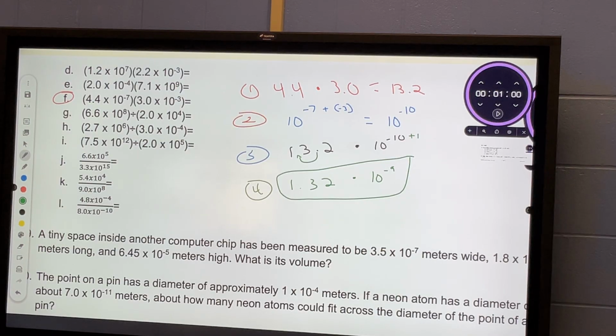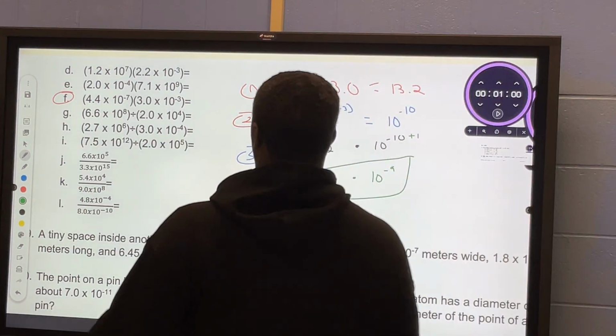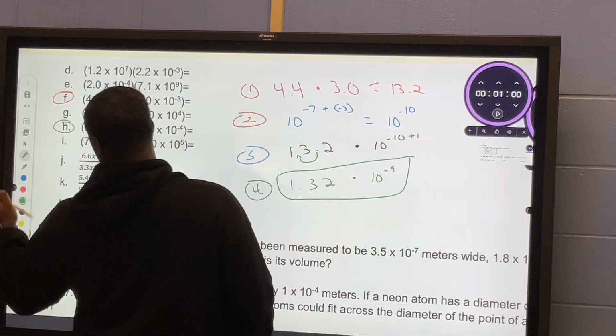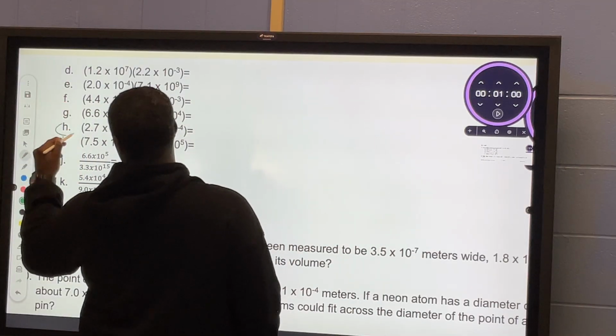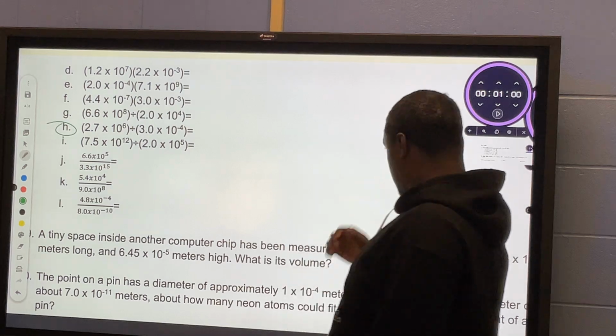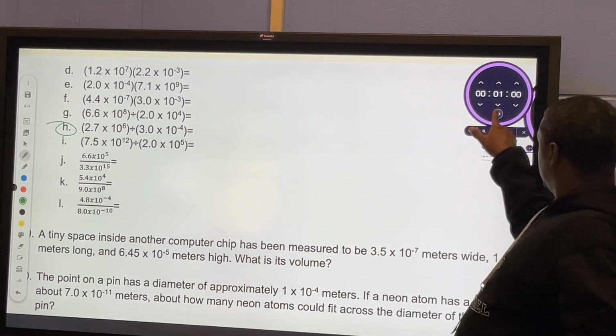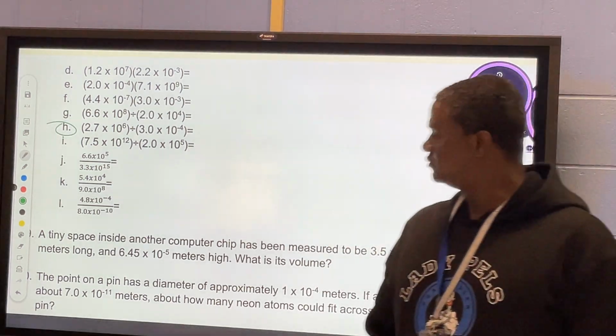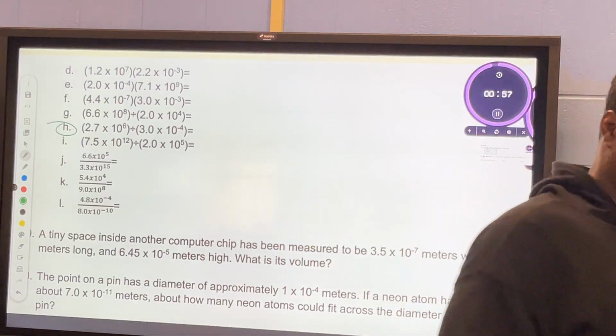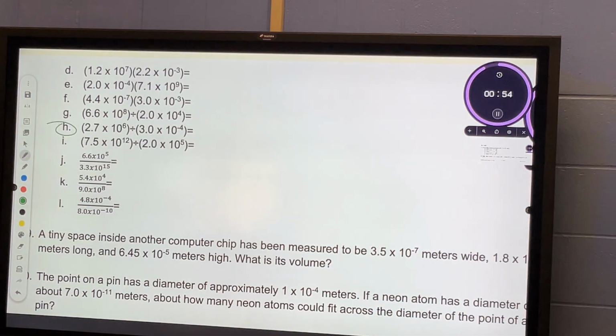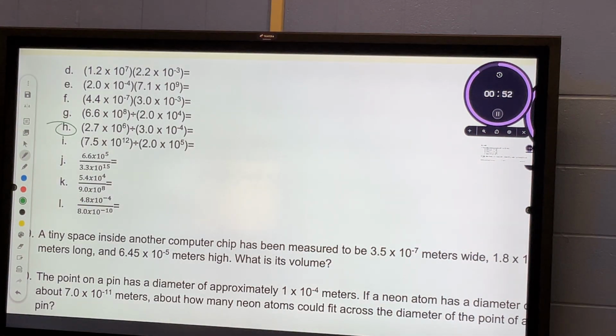Let's look at H. We've got a division problem. We'll give you a minute to start working on it. I have a question. With this division problem, does it matter which number we put first? The number that's written first.